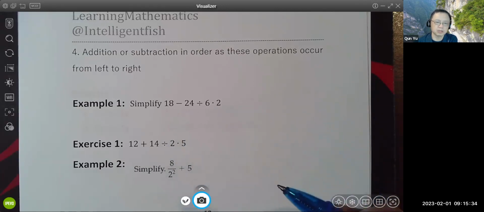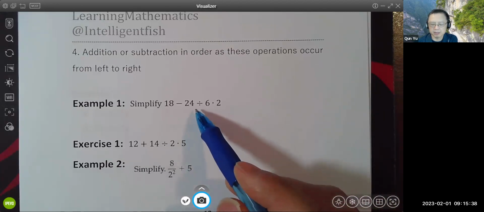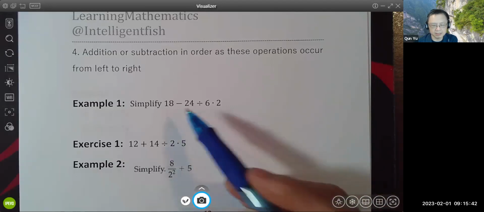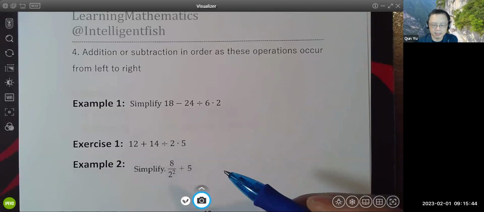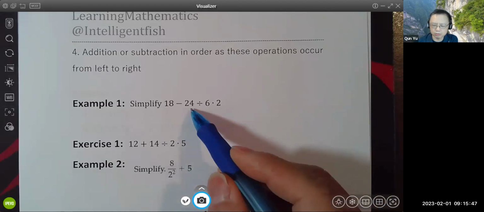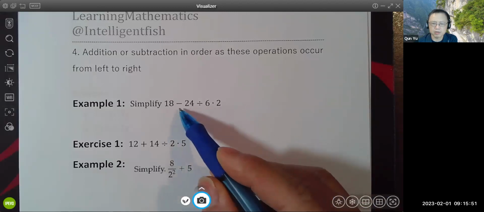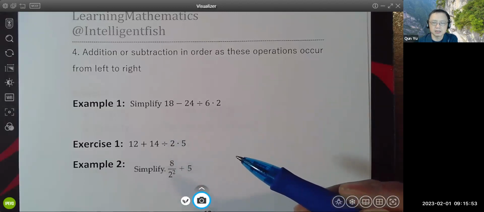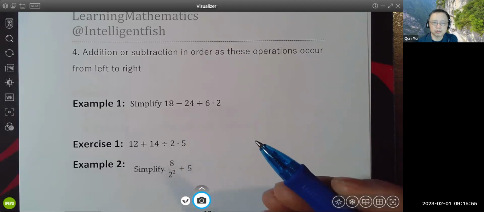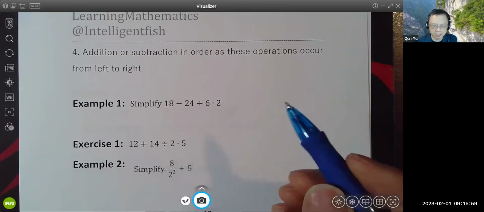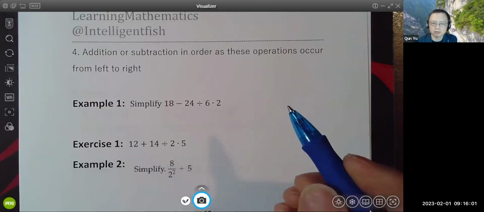From the order of operations agreement, we know that multiplication and division have higher priority over subtraction and addition. That means we need to do this division and multiplication first before we do subtraction. And we also know between multiplication and division, there's no priority one over the other. We do it from the left to the right.